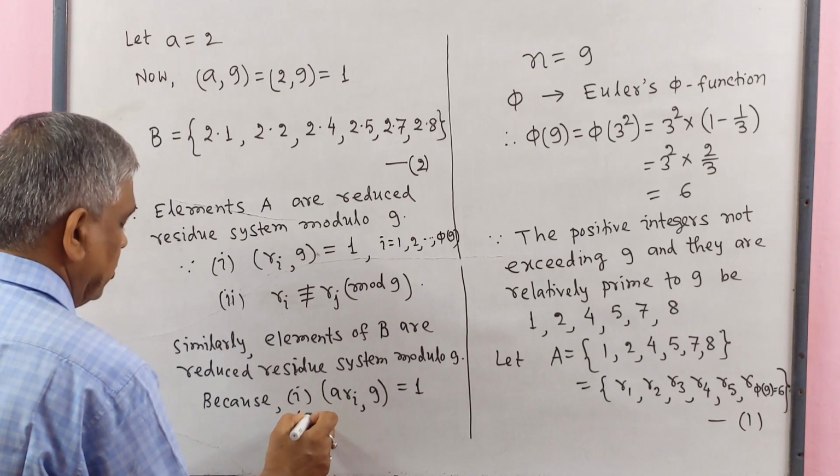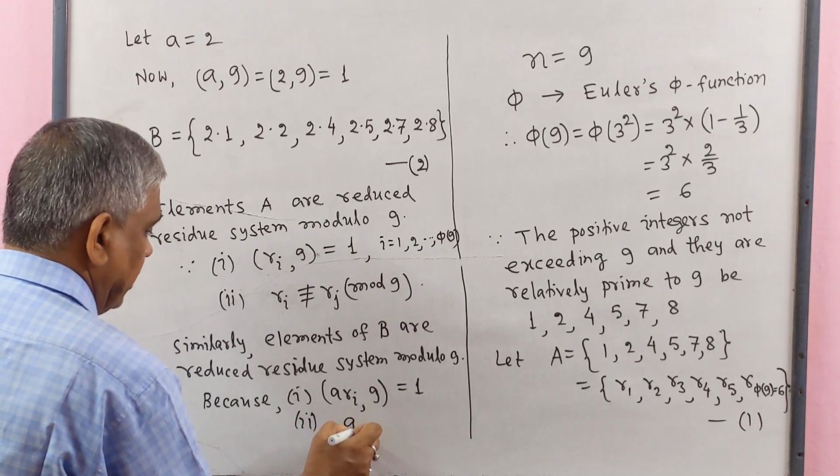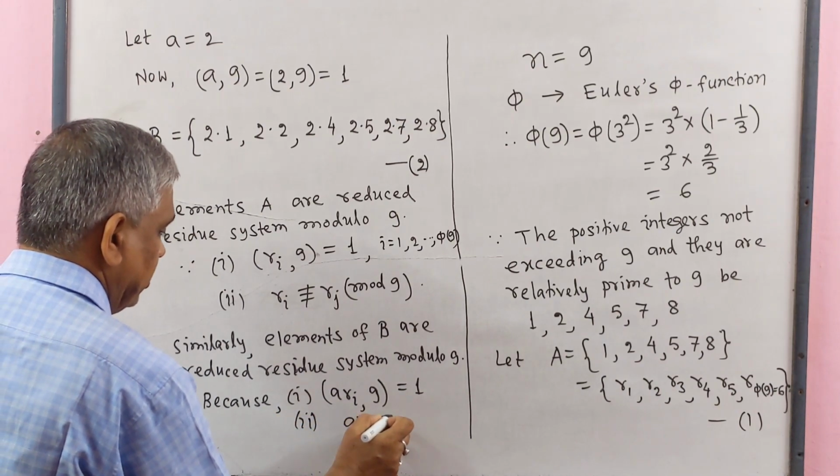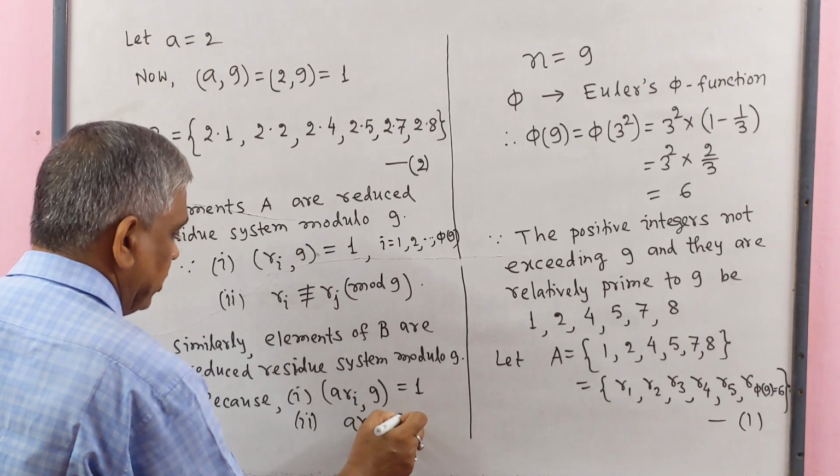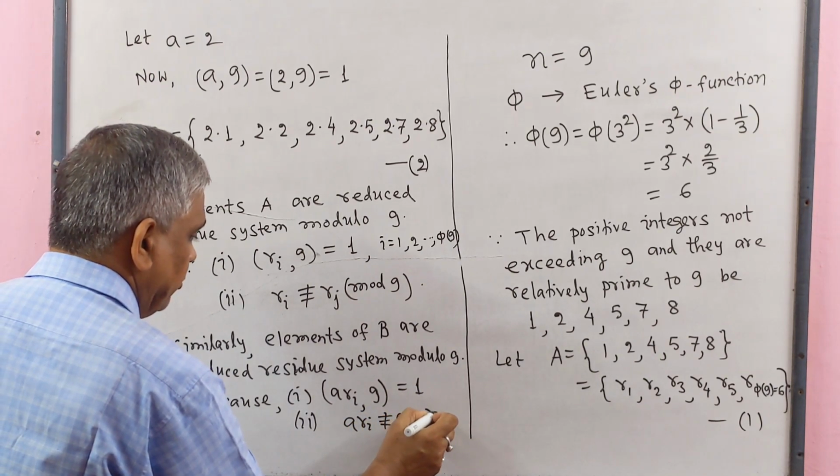Number 2: a Ri is not congruent to a Rj modulo 9.